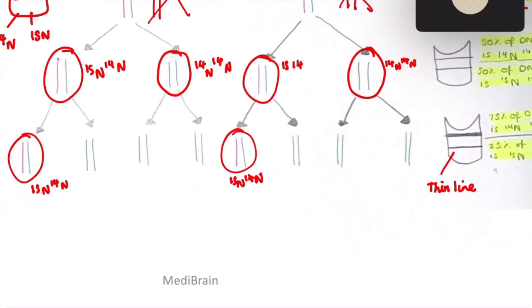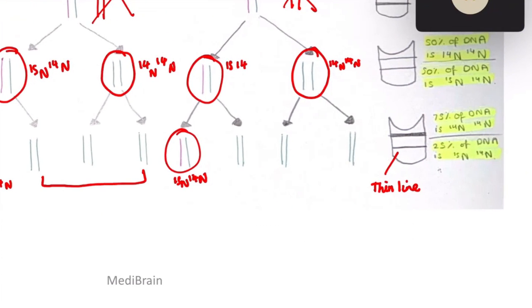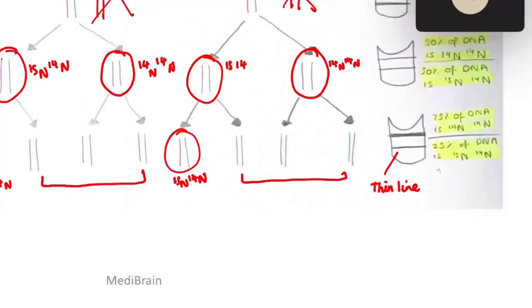Over here, these are the lighter DNA, but we have a lot of them. That's why there's a thick line of lighter DNA.